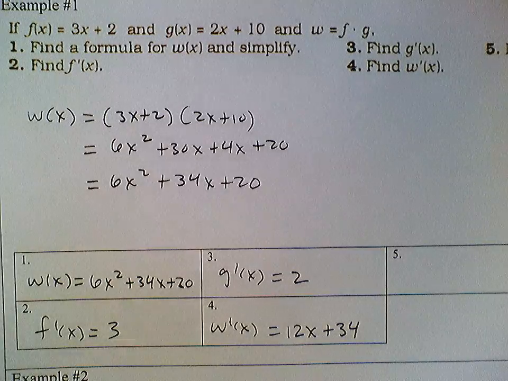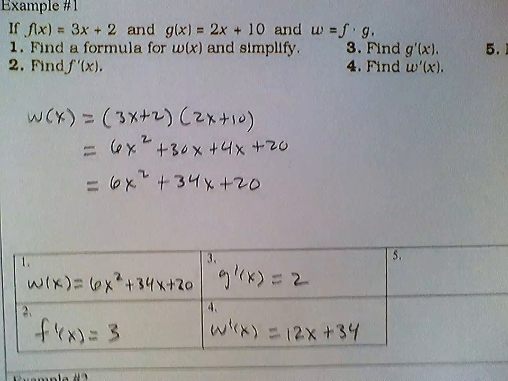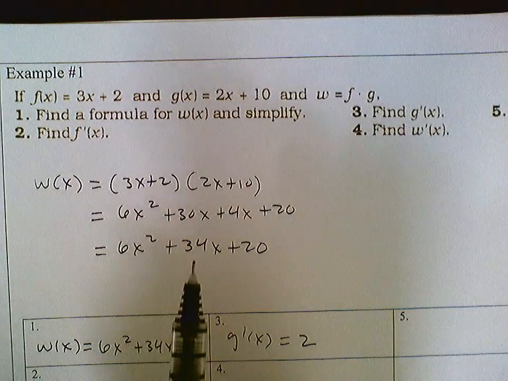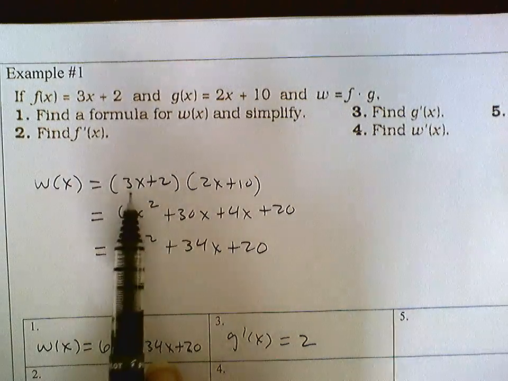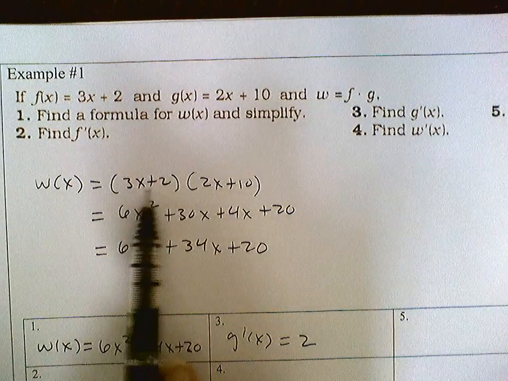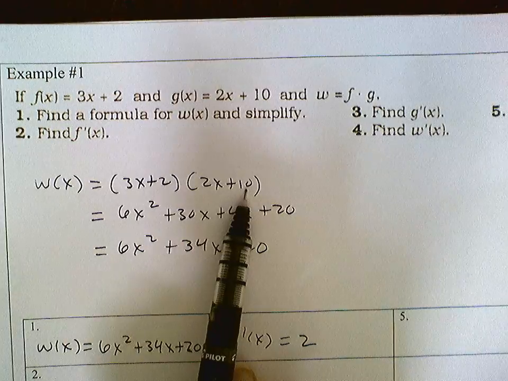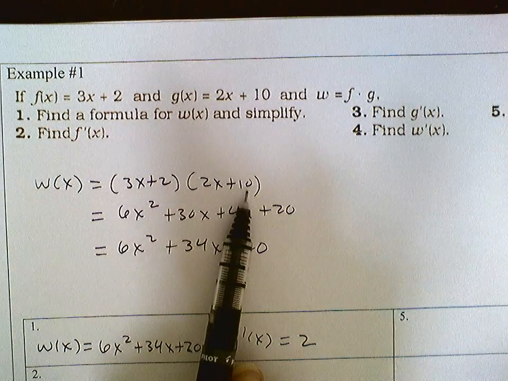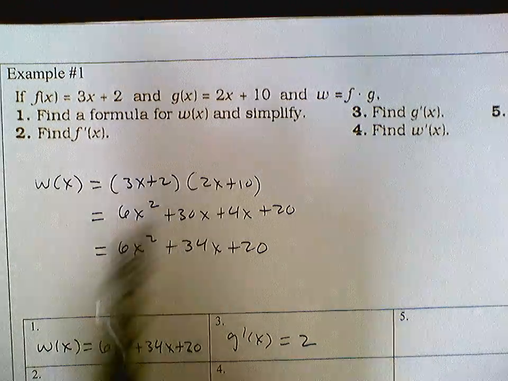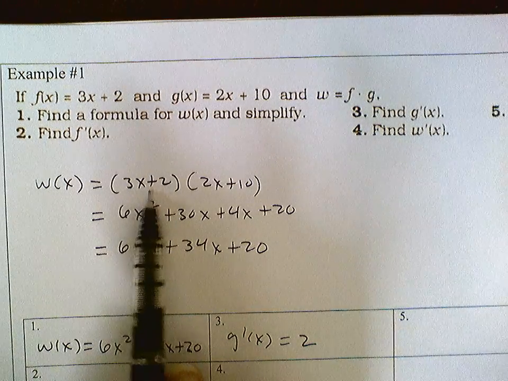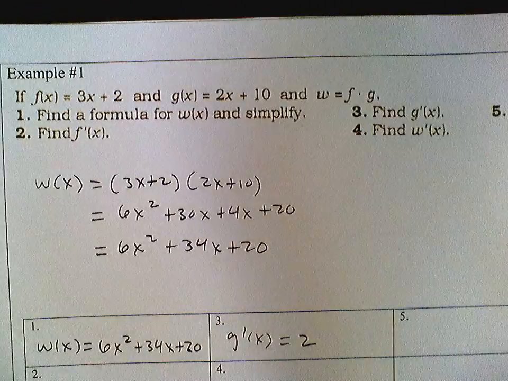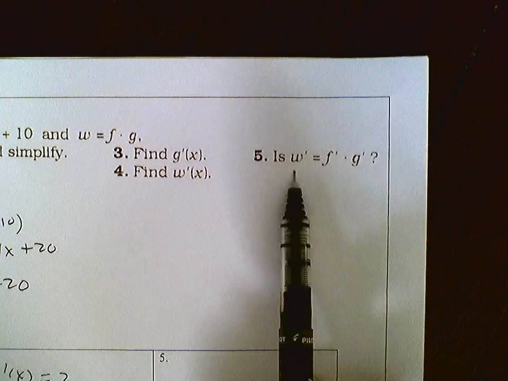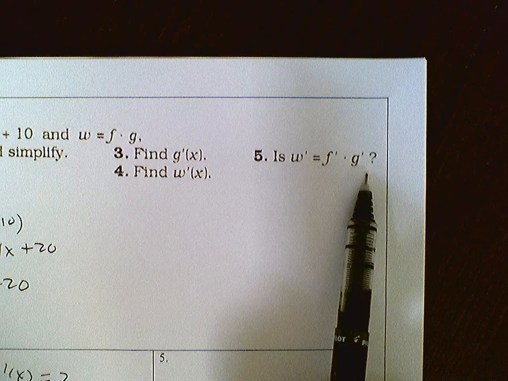Now, guys, a lot of times, if people are going to take the derivative of something like w of x written as the product of 2 binomials, they will think, I just take the derivative of this one and multiply it by the derivative of that one. The derivative of this one is 3, the derivative of that one is 2, and in number 5 they're asking, is w prime f prime times g prime?